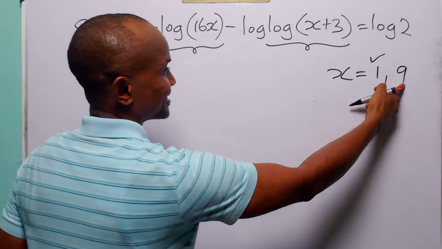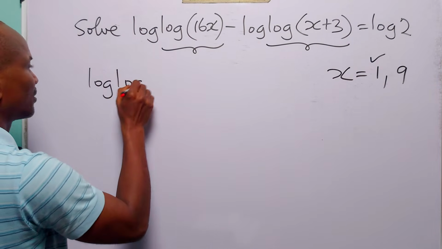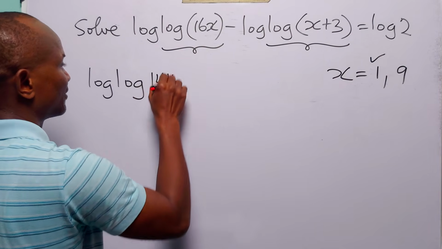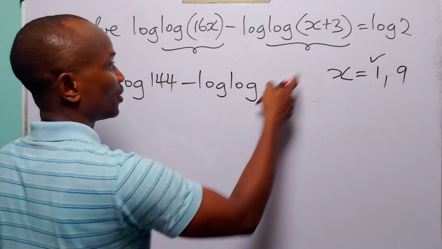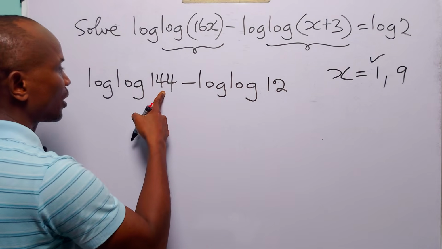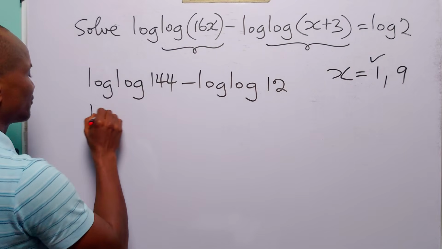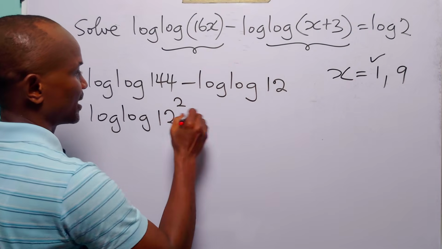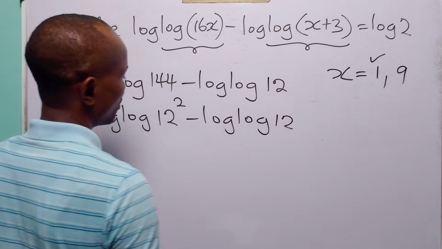And when x is equal to 9, we have log of log 16 times 9, which is 144, minus log of log 9 plus 3, which is 12. 144 is 12 squared. So here we have log of log 12 squared minus log of log 12.